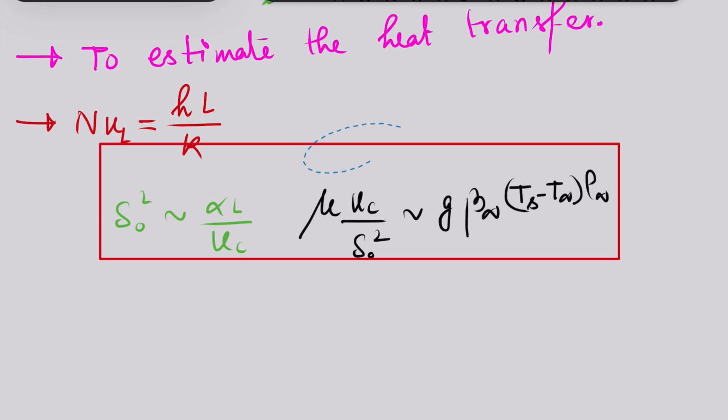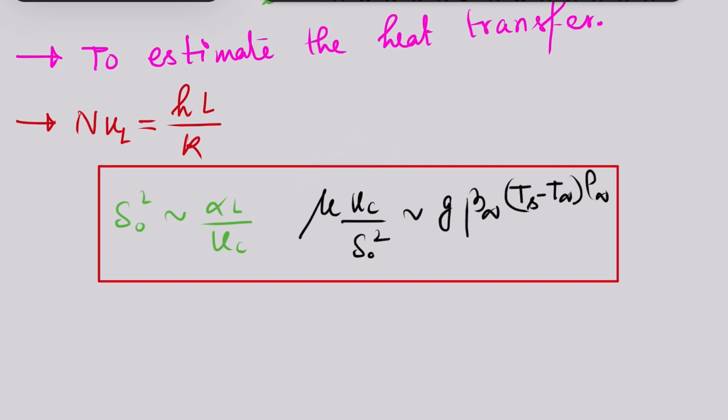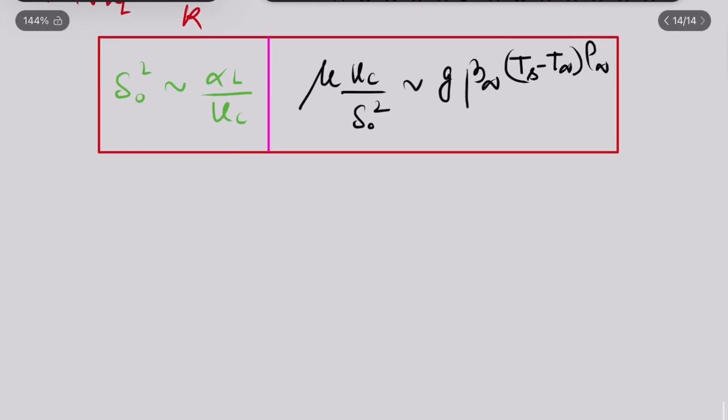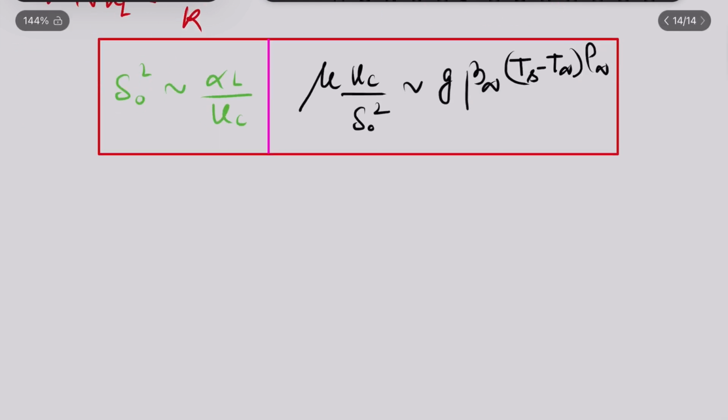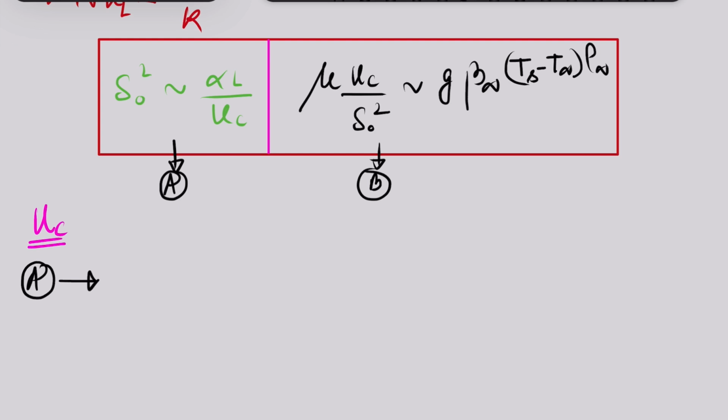Okay, so these two. Now from these two I will estimate uc in terms of the given parameters. So how can I do that? If I say that this is my equation a, this is my equation b, then from a I will get my delta naught square, and that is of the order of alpha L by uc.